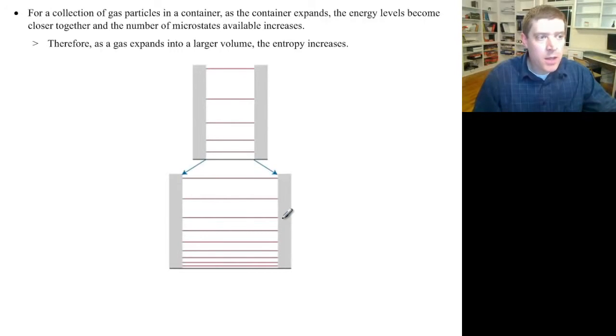And the total internal energy of a system of gas molecules undergoing expansion into a vacuum doesn't change. So if the total energy stays the same, but now our energy levels are closer together, that means more microstates are available. So as our gas expands into a larger volume, the entropy is increasing because we have more microstates. This explains why the gas expands into the larger volume.